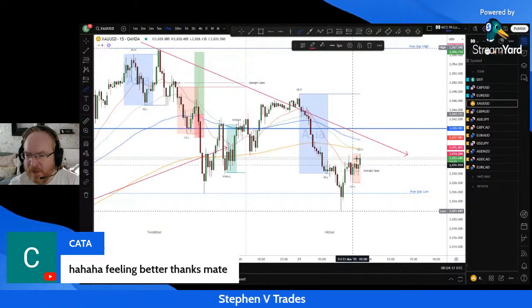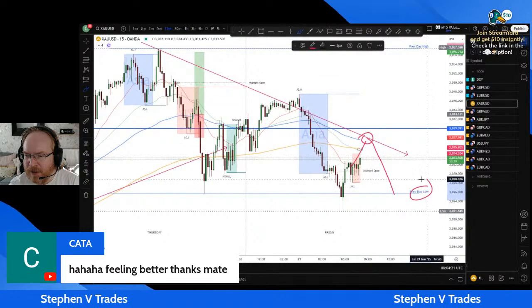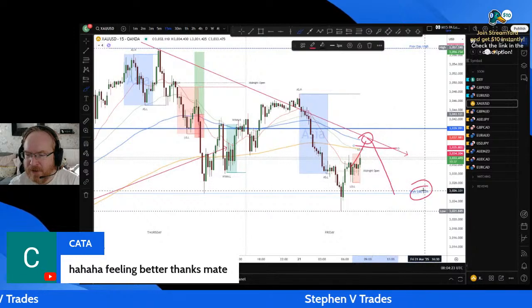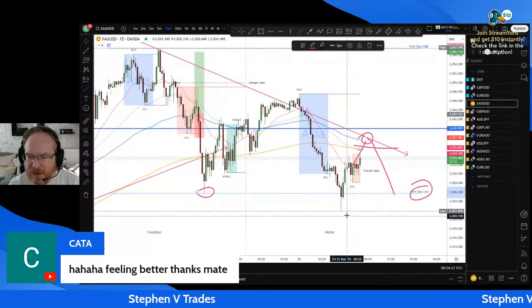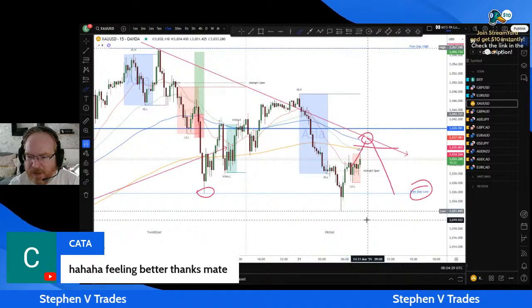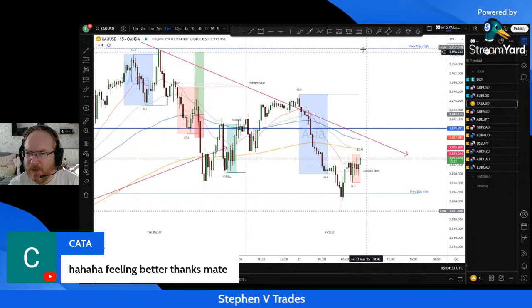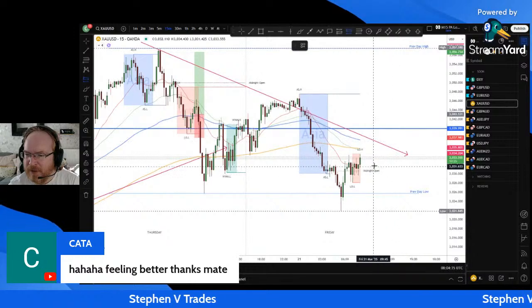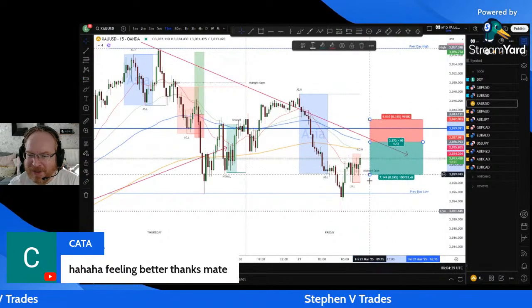So if we came up, say, to the 200 EMA, and I had nice rejection, and I had enough space to target the previous day low, I may well do that, which matches here, and you got a potential target there. It's all about finding your targets more than your entry with a lot of these things. There's no point entering if you don't know where you're going to target and where you're going to put your stop.